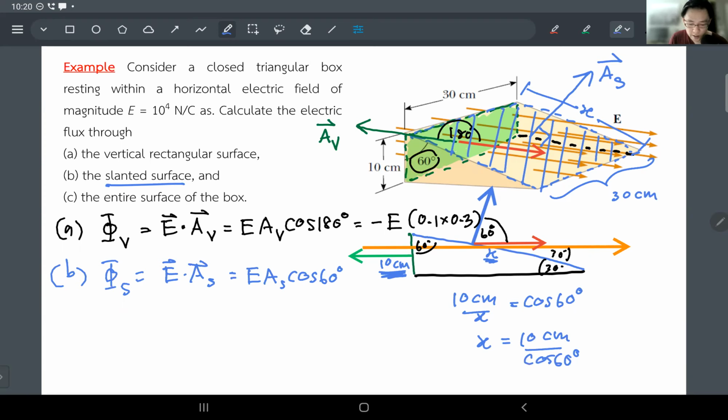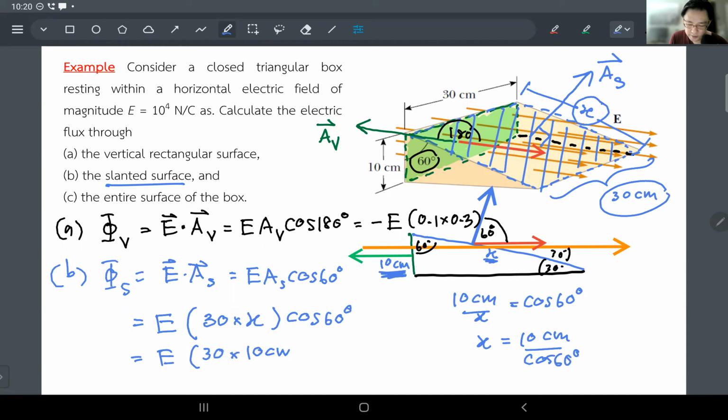All right, so I substitute that back in there. E times A sub S. A sub S is the width times the length. So it's going to be 30 centimeters times X. So it's going to be 30 times X, and then cosine 60. But we just figured out X is just 10 centimeters over cosine 60. And then you have cosine 60. That cosine 60 cancels. Do you see something here? Wow!